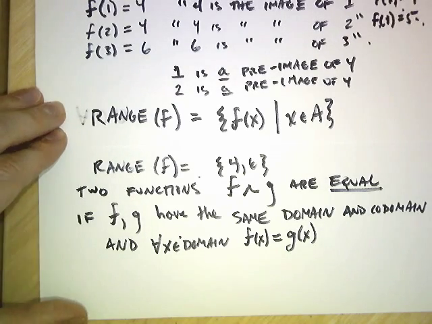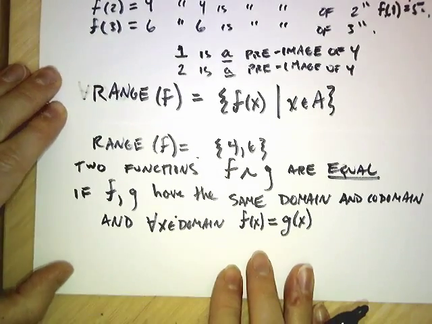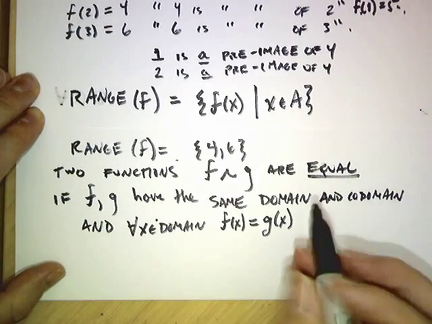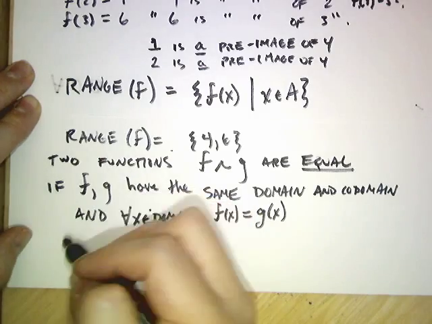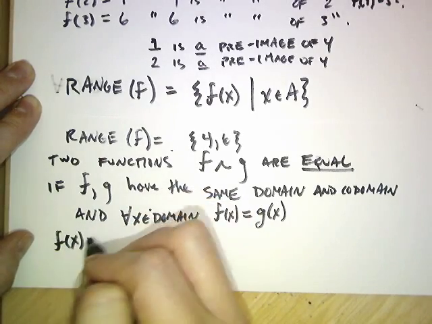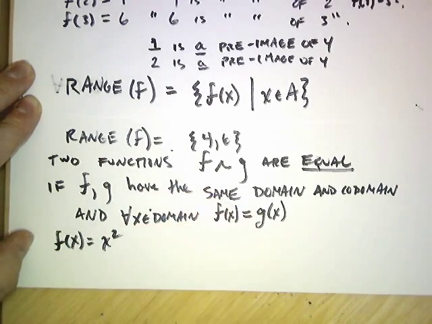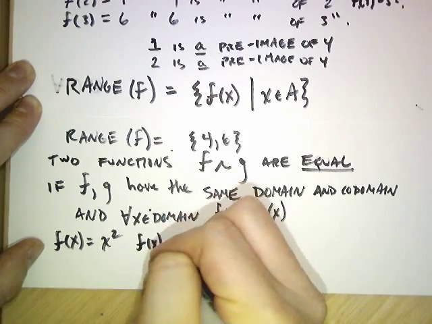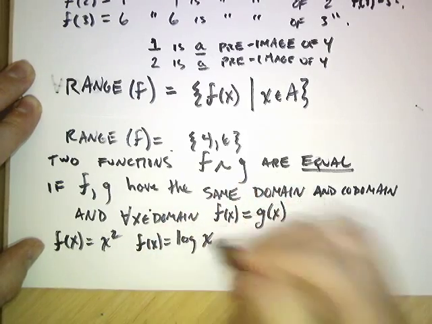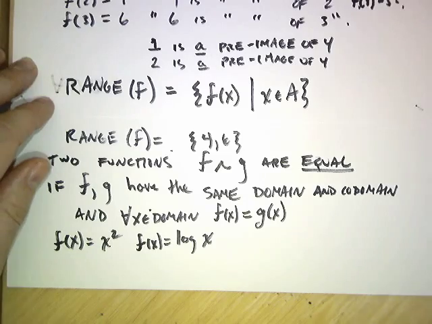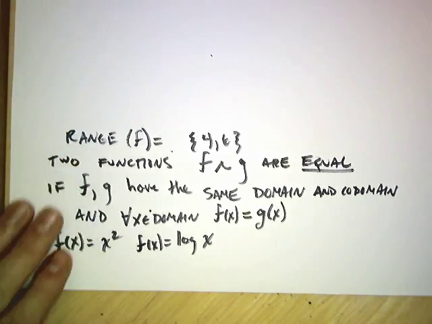Now we're used to seeing functions in terms of numbers. For example, in your calculus class, I'm sure you're familiar with functions of the form f of x equals x squared, or maybe f of x equals log x. But functions are a far more abstract concept.